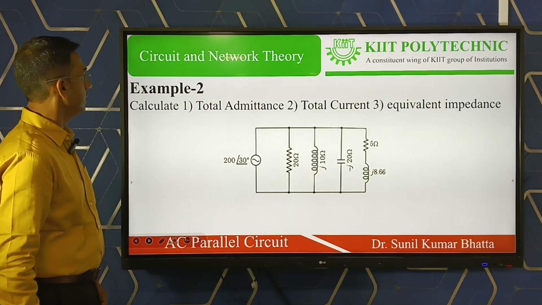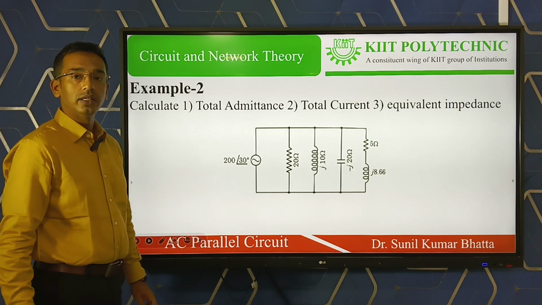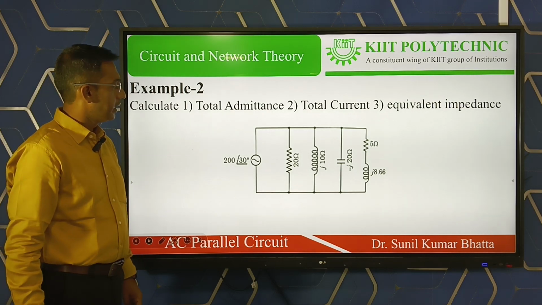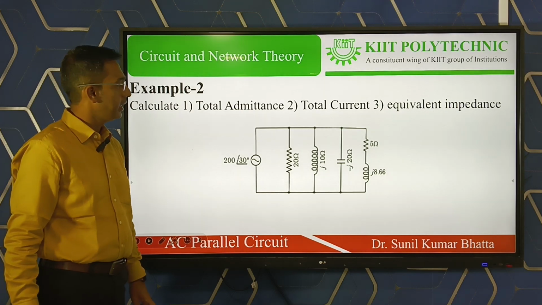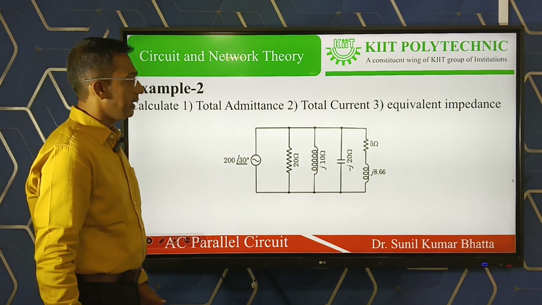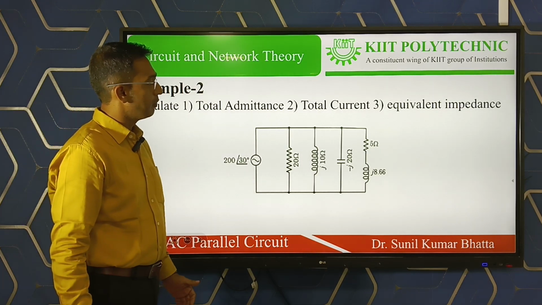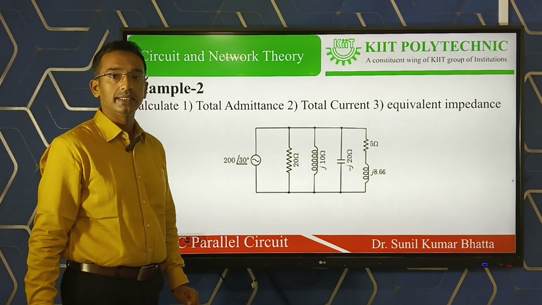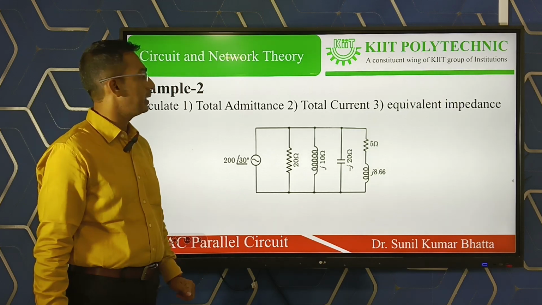Coming to the next slide, example 2. Here again the circuit is given. In this circuit four branches are connected. In the first branch a resistance is connected, in the second branch an inductive reactance, in the third branch a capacitive reactance, and in the fourth branch the resistance as well as the inductive reactance are connected in series, and finally all four branches are connected in parallel.